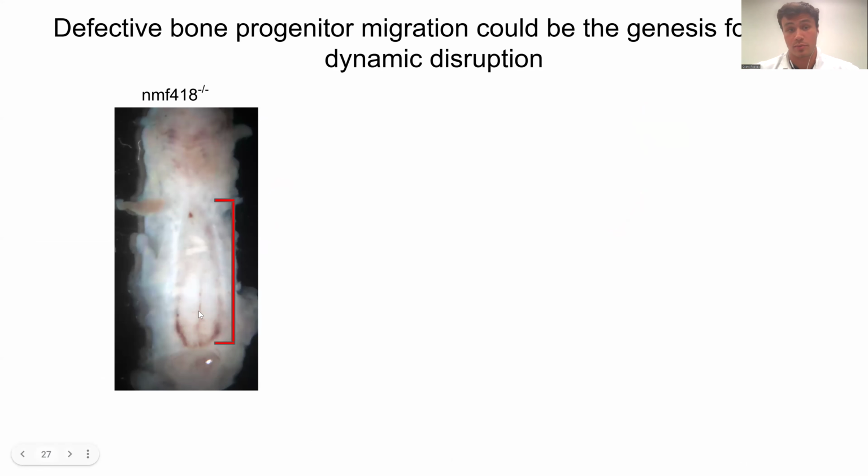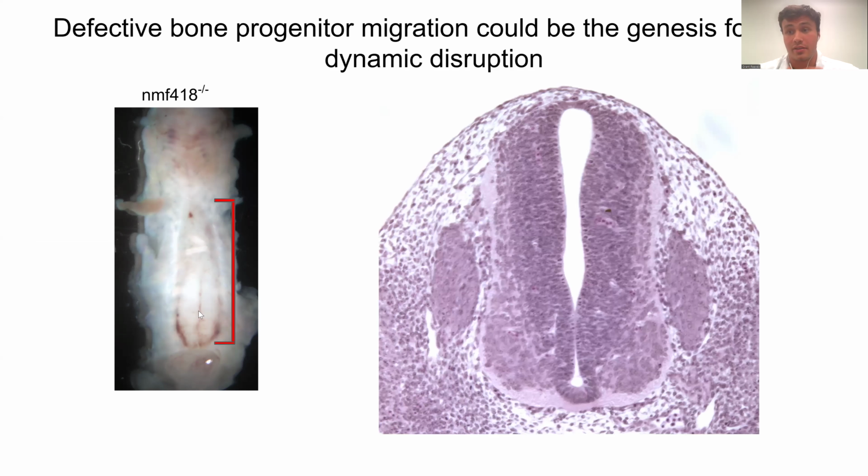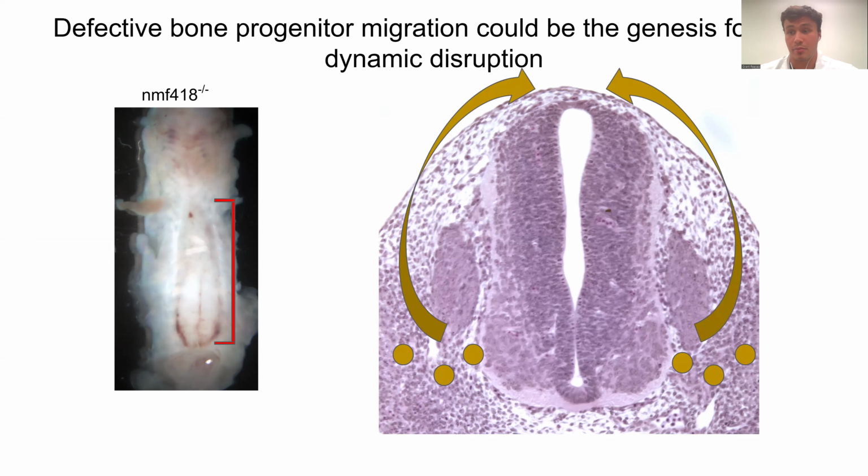And this could somehow disrupt cerebral spinal fluid pressure dynamics. And so I am in the future going to look into how hypothetical bone progenitor cells are migrating to the dorsal surface of the embryo, and how this could potentially be disrupted.